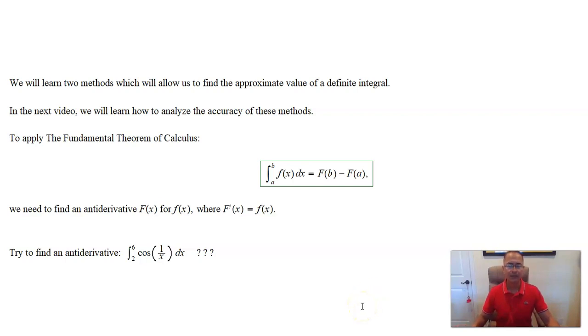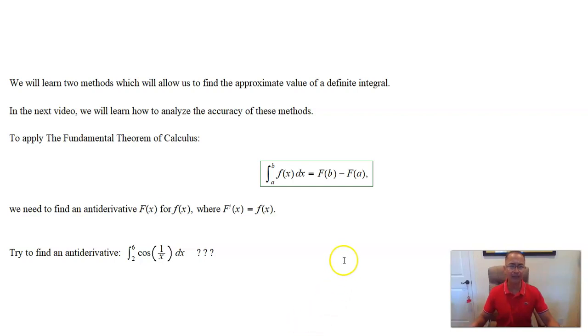So we definitely expanded our vocabulary of antiderivatives from beginning calculus, where we basically had the power rule, integrals of some basic trig functions, and of course the substitution principle.